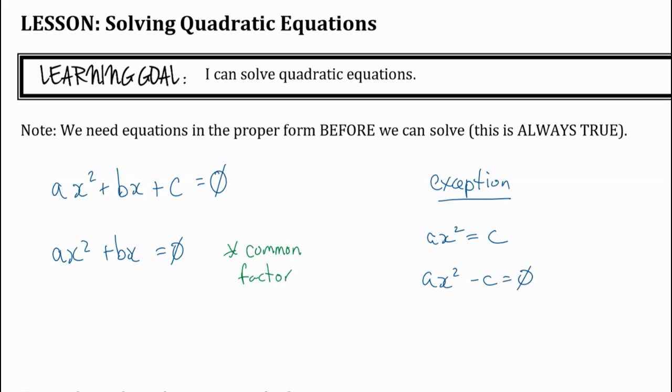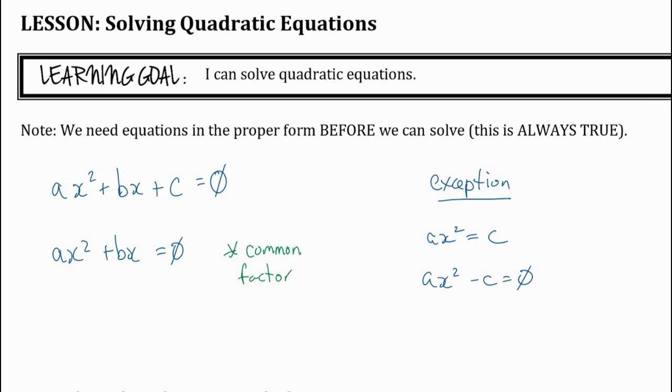In this case, you might have a difference of squares, and so you could factor it and solve it that way, or you might not. Either way, you could also isolate. This is the one exception where we don't have to, you might anyway, but you don't have to move everything to the left and set it equal to 0. Okay?